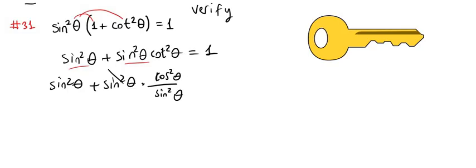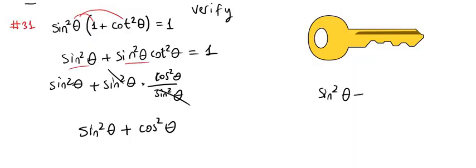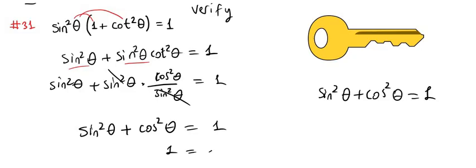Okay, now I can do this cancellation. Now I'm left with sine squared theta plus cosine squared theta, and we know that it's 1 by the Pythagorean identity. Left hand side is 1, right hand side is 1. Checks.